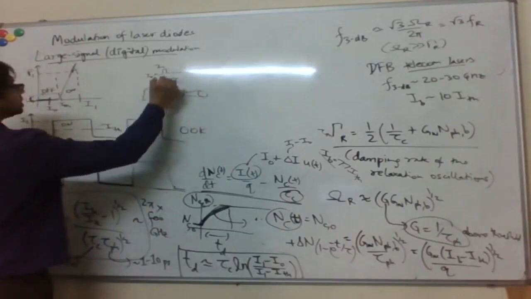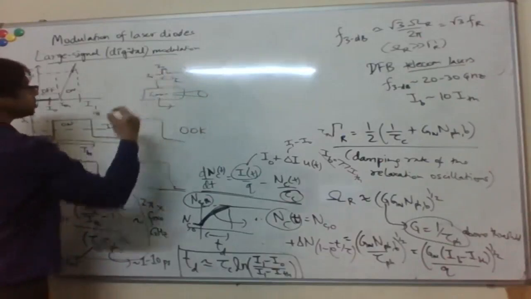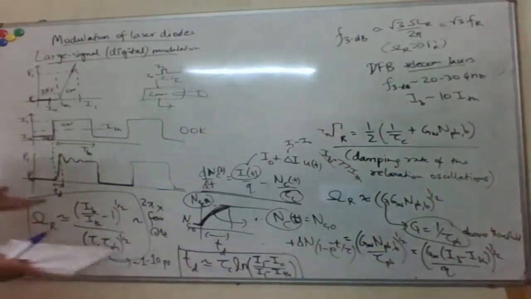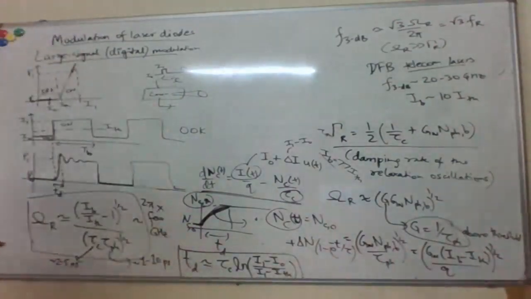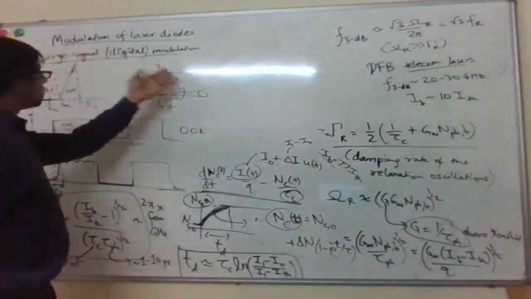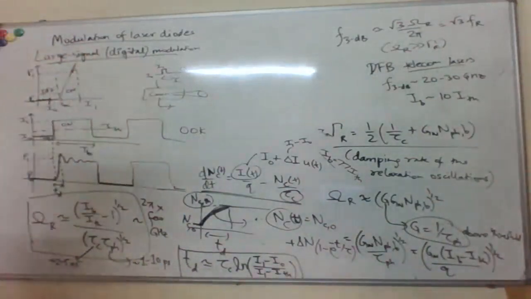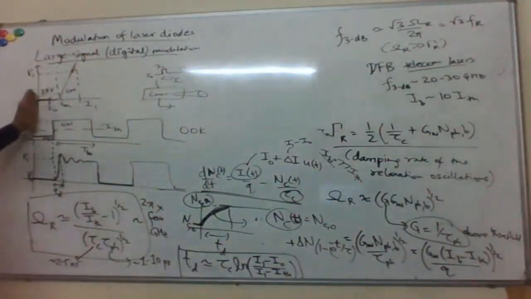I have some electronic data in digital form. So low current corresponds to bit 0 and high current corresponds to bit 1. Naively you would think that maybe I0 can just be 0, I don't send any current for bit 0. You can do that, I0 can be 0 also.